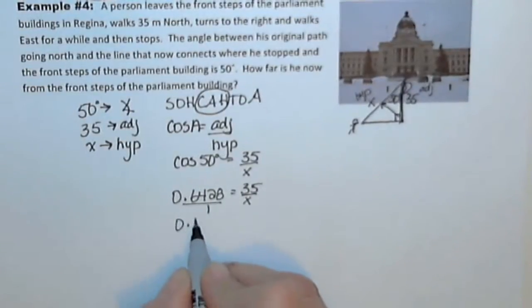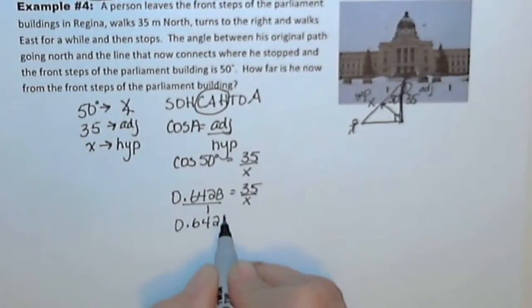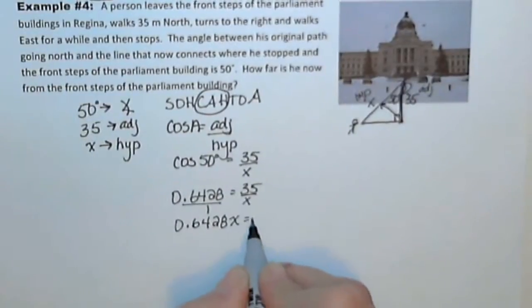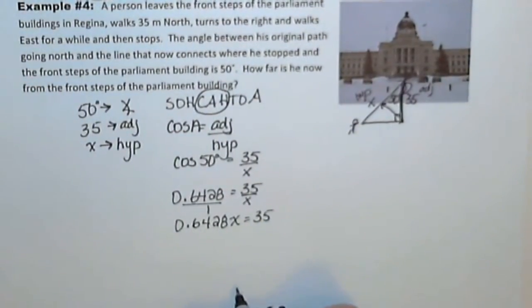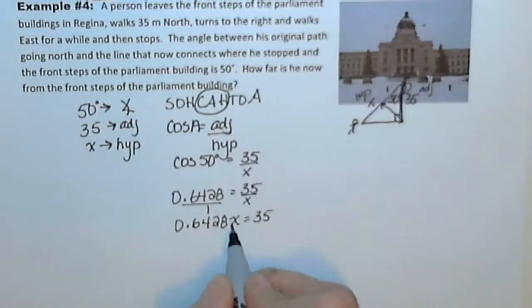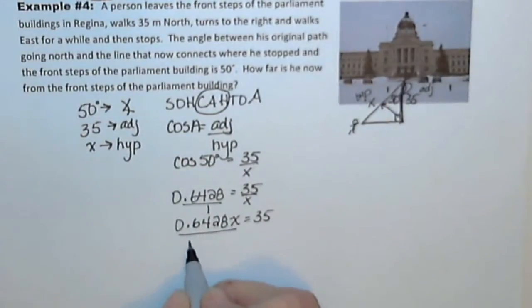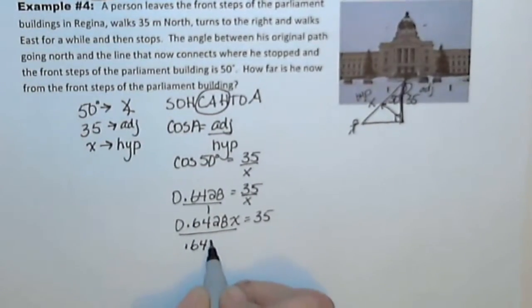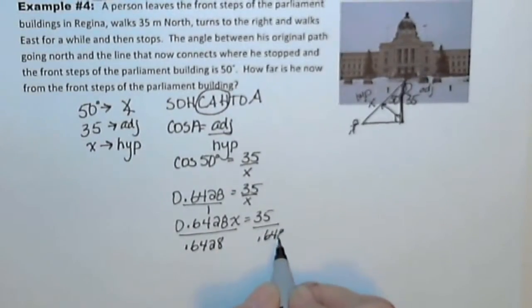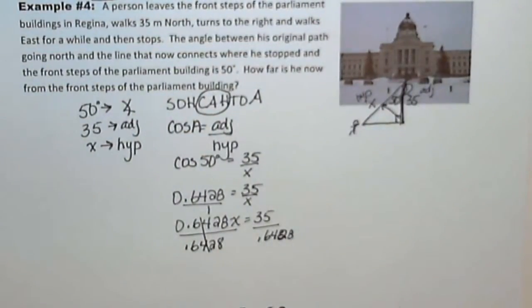So 0.6428x is equal to 35. Your job is to get the x by himself, which means we're going to divide both sides by 0.6428. Cross those out.